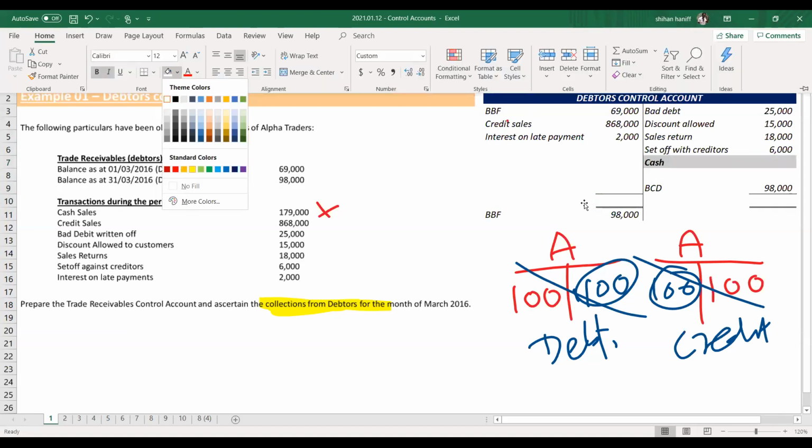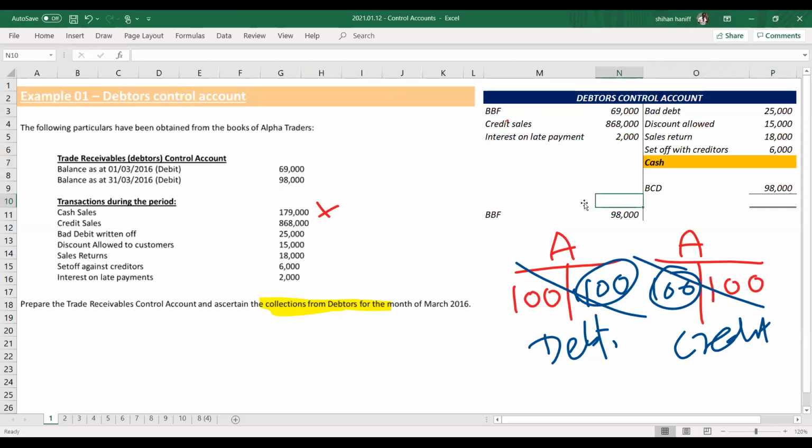So how much is cash received from the debtors? We take the total debit side, and from that minus the closing balance. So let's see who has given the answer. I got 857,789.